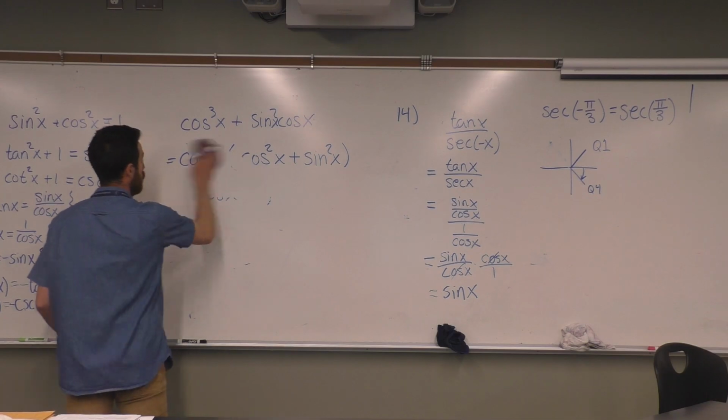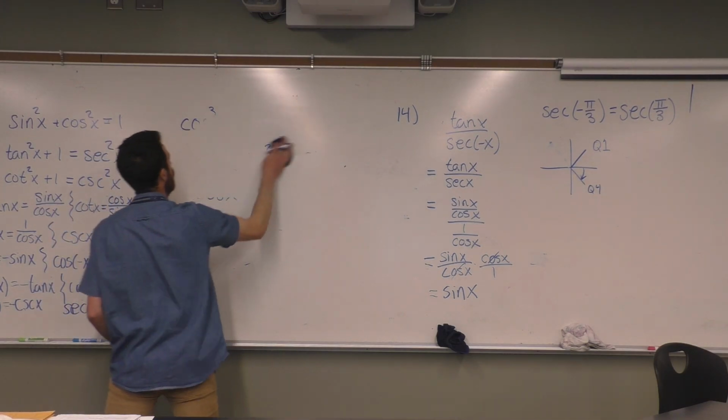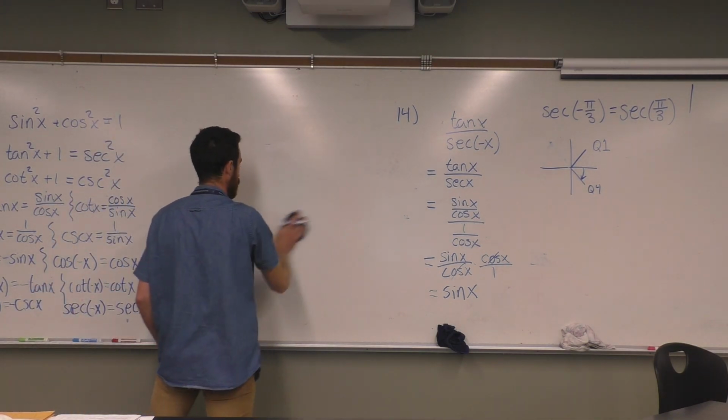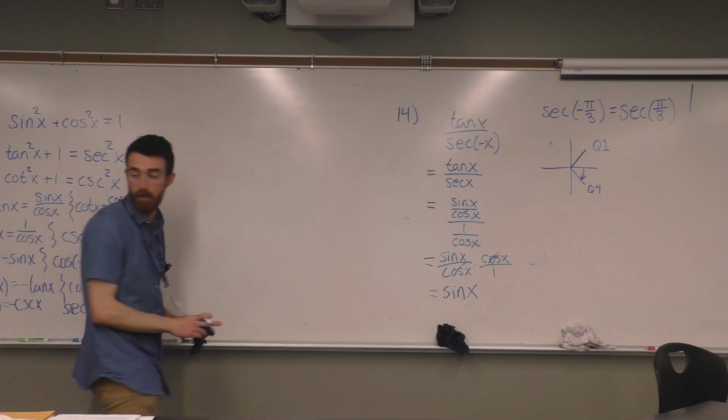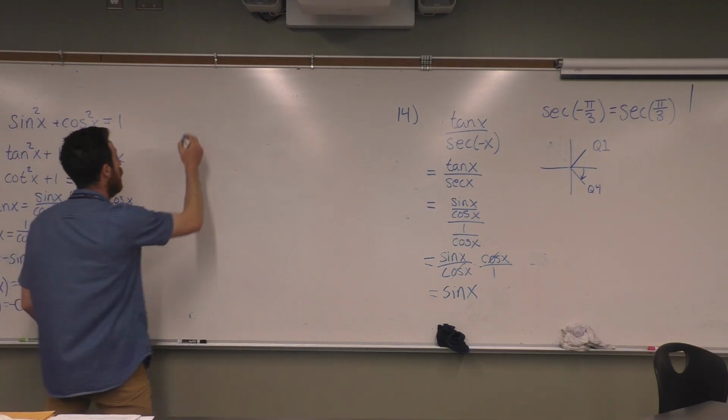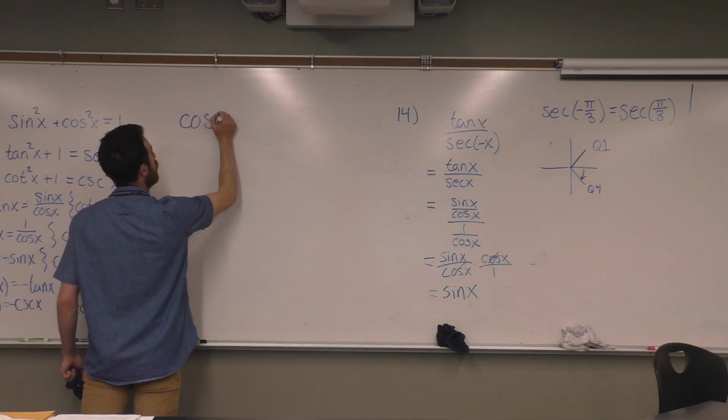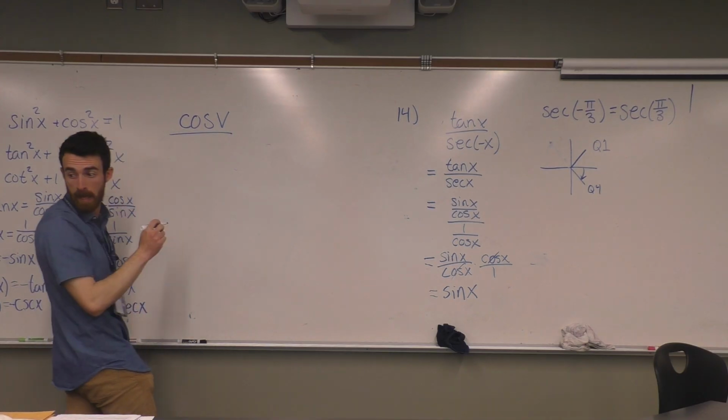All right, let's get to verifying an identity. The techniques that I'm using in simplification are the same techniques that you use in verifying, so we really haven't been ignoring that completely yet.